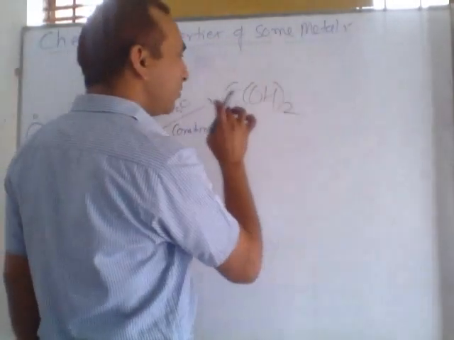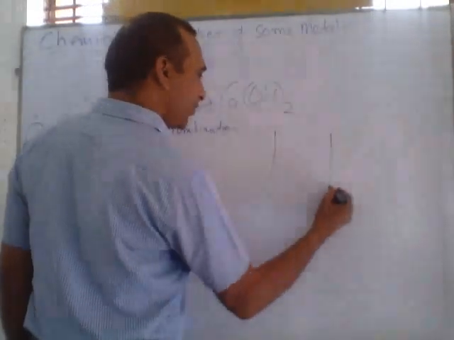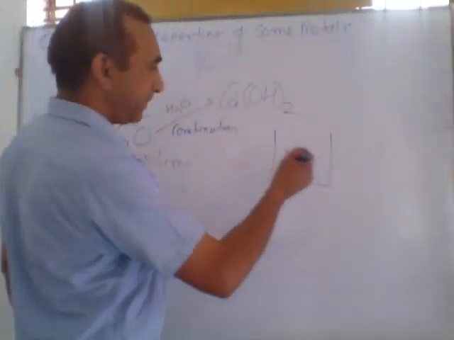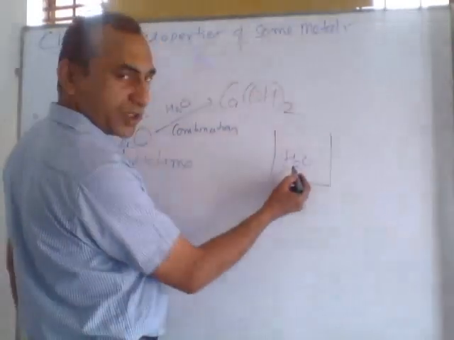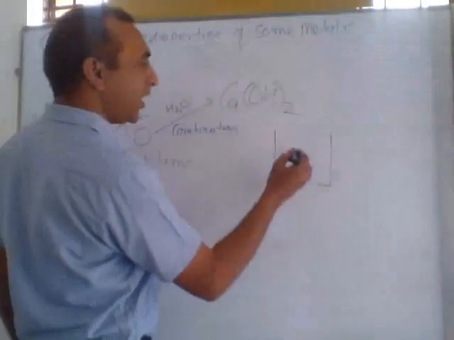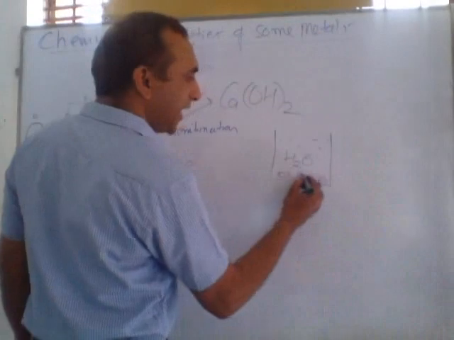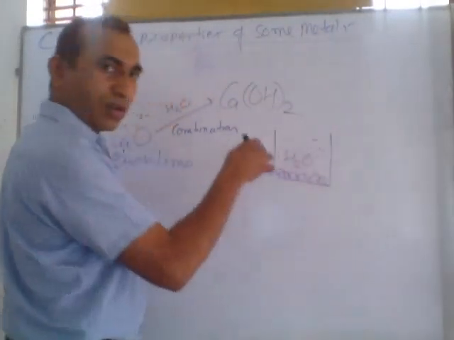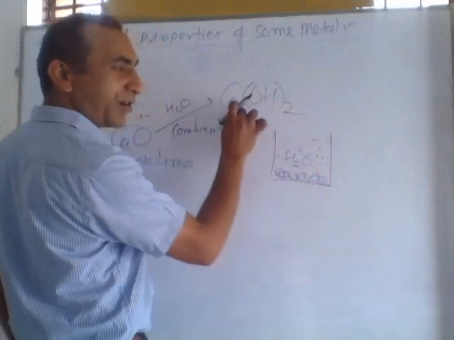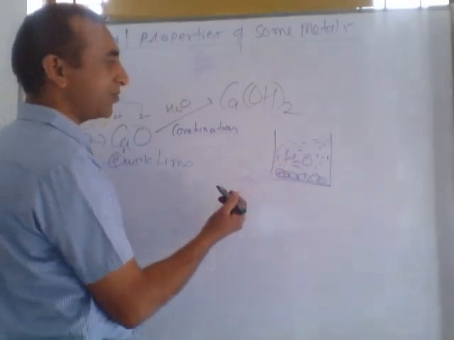This is calcium hydroxide. Actually, if we focus here, this is water and we added quicklime in water, then the maximum quantity settles down inside the container and a very small quantity of calcium hydroxide exists in the mother liquid.